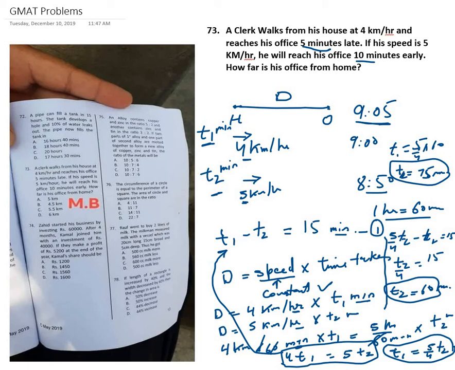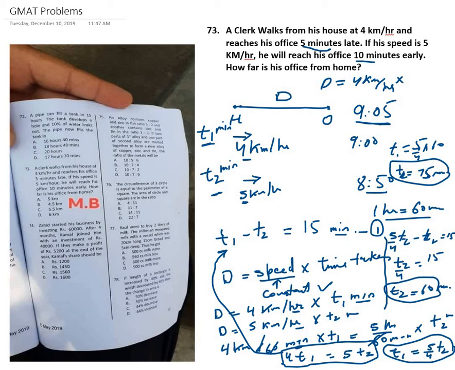Now using either of the two equations, we can find the distance from his home to the office. So D will be, if we take the first one, 4 kilometer per hour multiplied by the time taken, T1 minutes. Basically we have to take care of that.